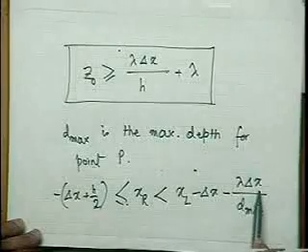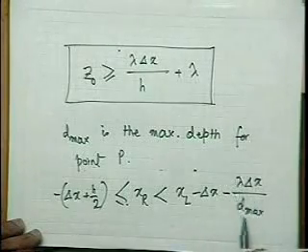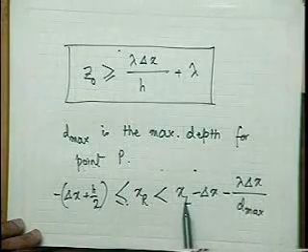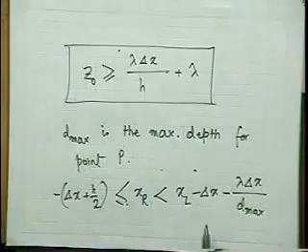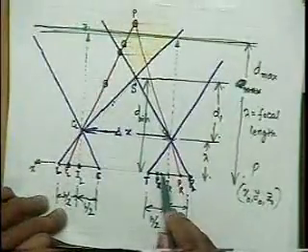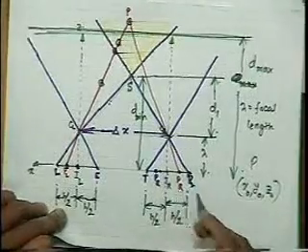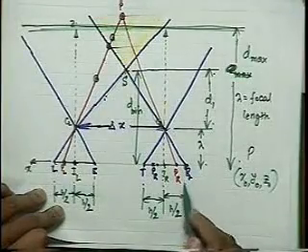In this expression, lambda, delta x and D max are all positive, so this expression will be less than XL minus delta x, and as a result our total search range is going to be less compared to the original search range of PRR.